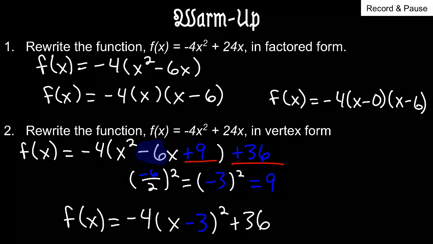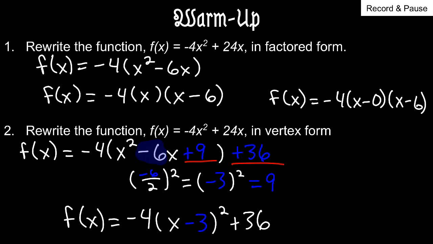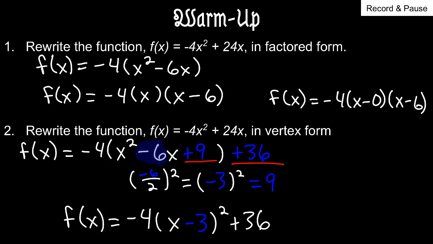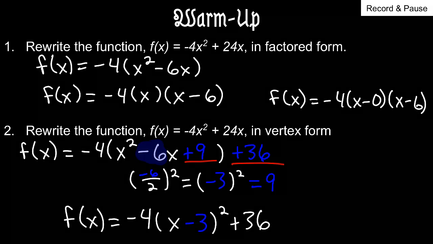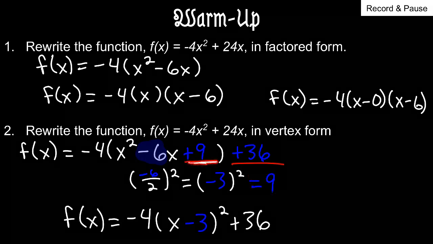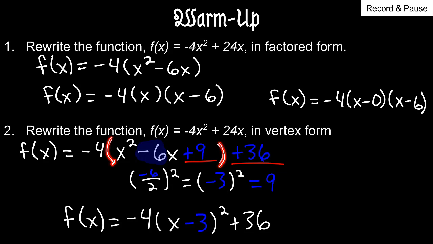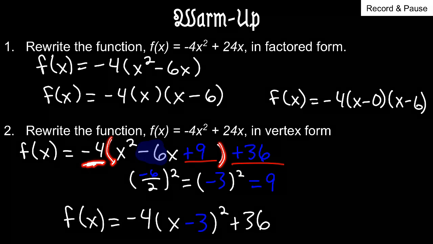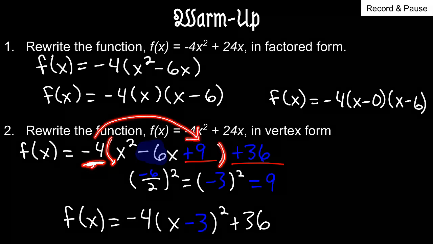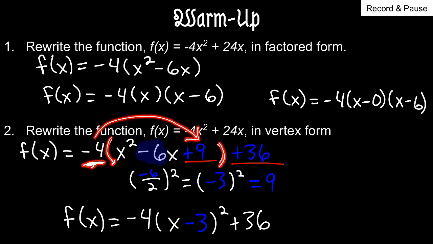Questions on any part of that? Yeah. So here we had the +9 that came from there, right? And when we added that 9, because it is inside these parentheses, and we're multiplying those parentheses by the -4, -4 times +9 is -36.